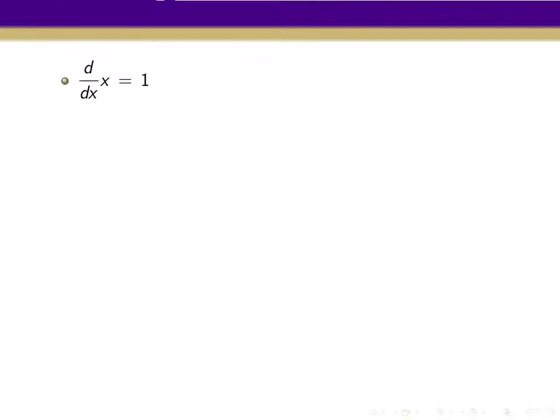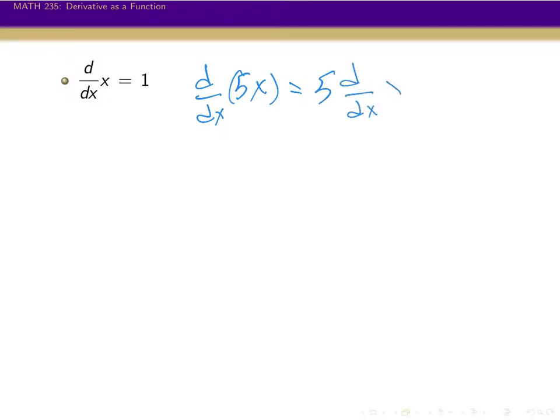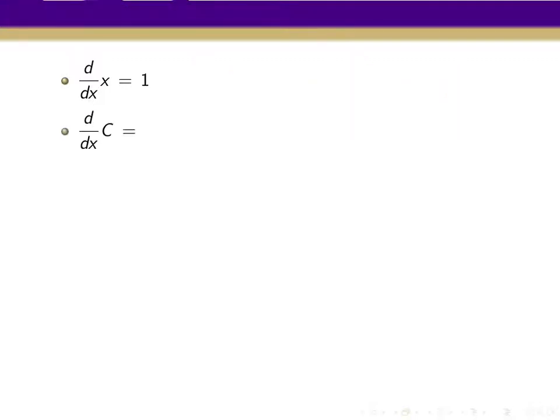And so then using sort of the rules that we saw before, if I wanted to take the derivative of 5x, well, this would be equal to 5 times the derivative of x, because I can pull the 5 out. And then the derivative of x we just saw is 1, so it's going to equal 5 times 1, which is 5. What if we're taking the derivative of just a constant?